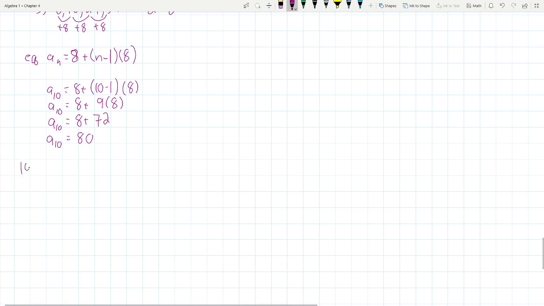And finally, number 14. We have 2 over 5, 4 over 5, 6 over 5, 8 over 5.